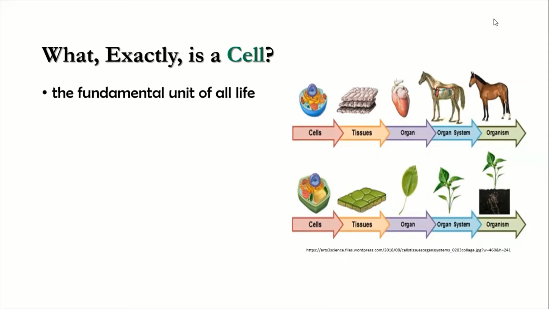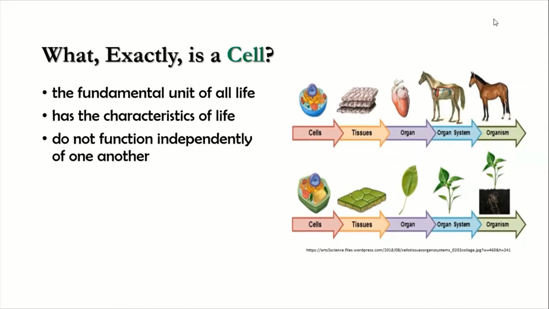So this hierarchy applies both to animals and to plants. Okay? So a cell has the characteristics of life, and cells do not function independently of one another. Even one cell has a function, but without the help of others, that cell would be sort of useless.